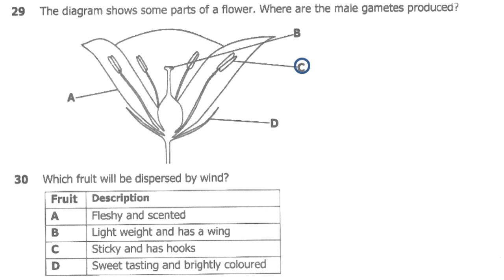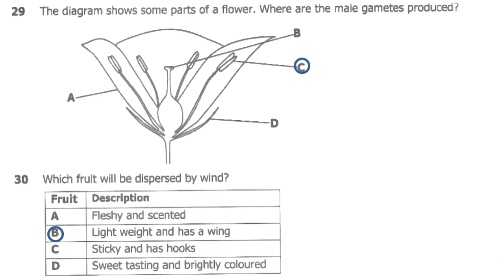So here our answer is B. Wind dispersed fruits and seeds are light in weight and have wings or parachutes so that they can be carried by the wind for a long distance. So our answer is B for question number 30.